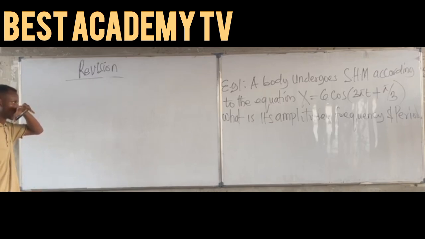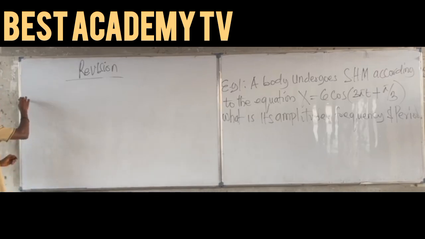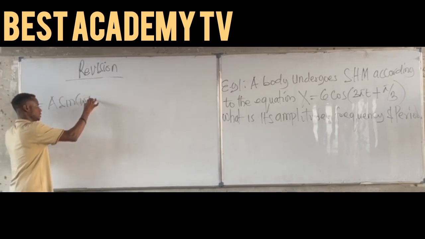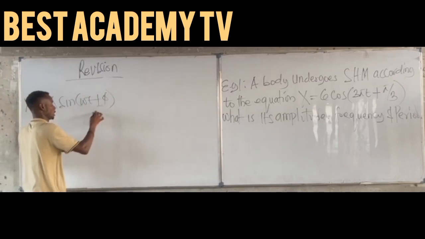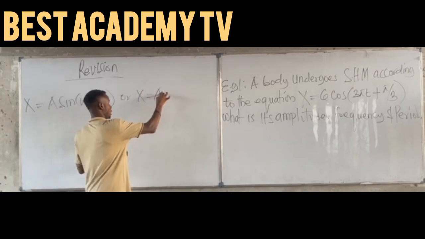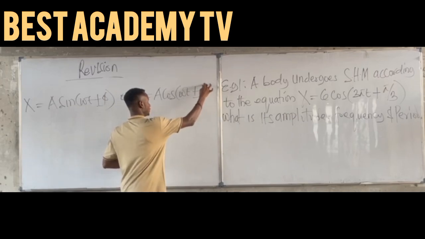Please take note. Now, whenever you are given an equation of simple harmonic motion, what is the equation? It is either x or y, anything can be here, basically any data. It is equal to A sin(omega t plus or minus phi), or the same as x equals A cos(omega t plus or minus phi).